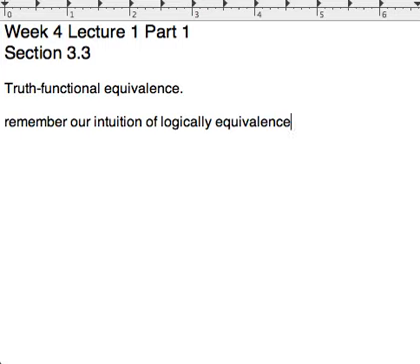So we already have this sort of informal idea of when two sentences are logically equivalent. And now we're going to show that some of those sentences that we talked about before actually are also truth functionally equivalent. So let's give out the definition of logical equivalence first, and then we'll go over a few examples.